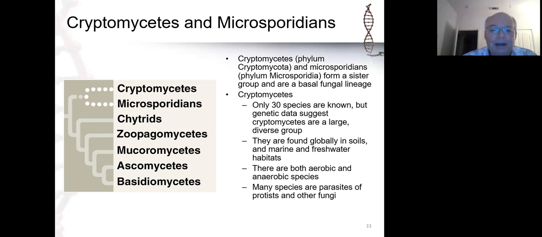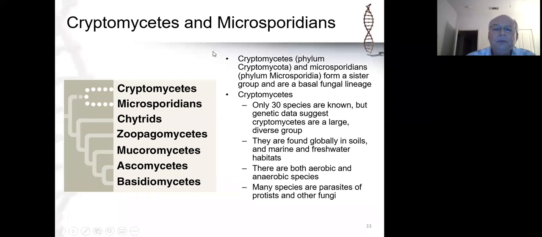And it appears that in some environments, you can identify on the basis of DNA signatures a wide diversity of cryptomycetes. So it's very possible that there's a larger diversity of cryptomycetes out there than these numbers present. It's just that these are being identified on the basis of their DNA signatures, not on the basis of identification of the organisms themselves.